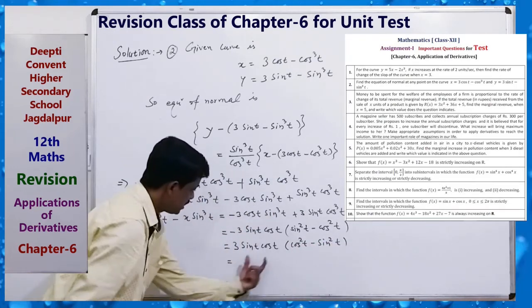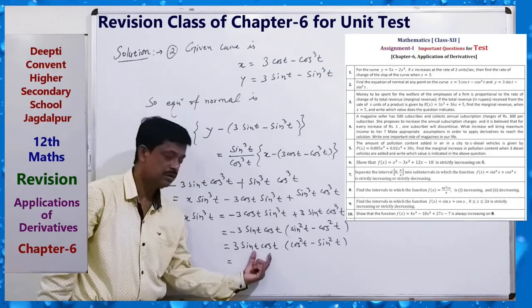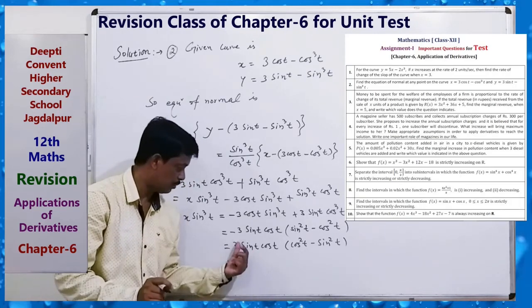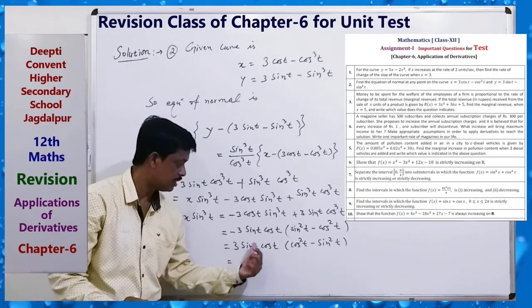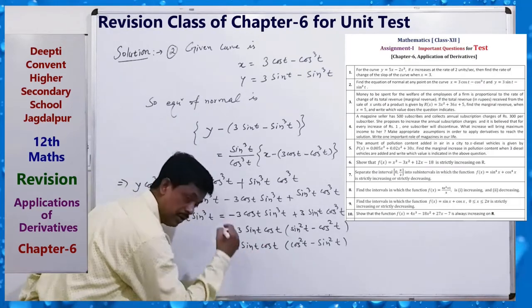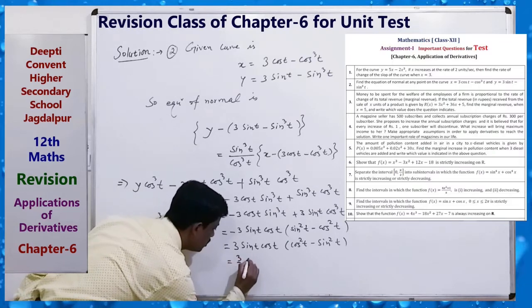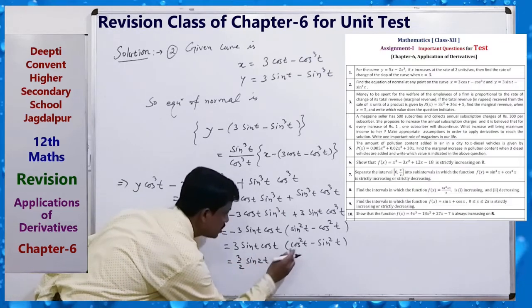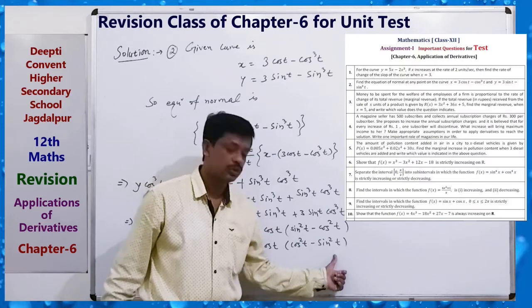Now sin 2t is 2 sin t cos t, so apply 2 in numerator and denominator, so 2 sin t cos t is sin 2t, so we get 3 by 2 sin 2t, and also cos 2t.